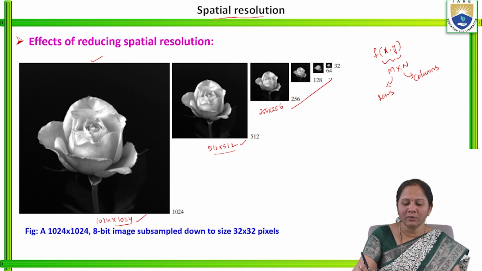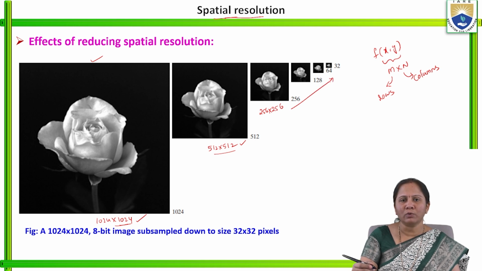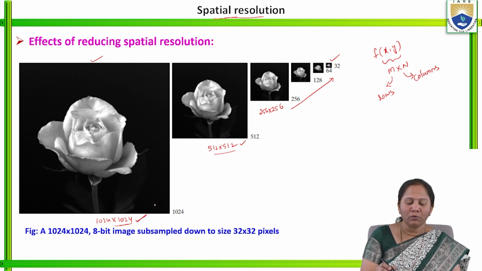Similarly, if we observe, as the number of rows and columns in the original image reduces, the size of the image gets reduced. So like this, if we keep on reducing, the 1024 by 1024 image has been reduced to finally 32 by 32.